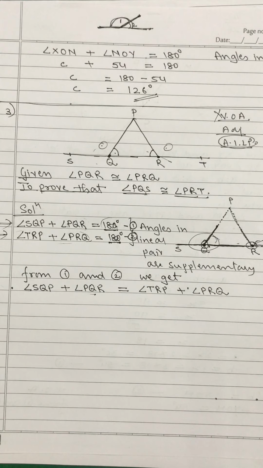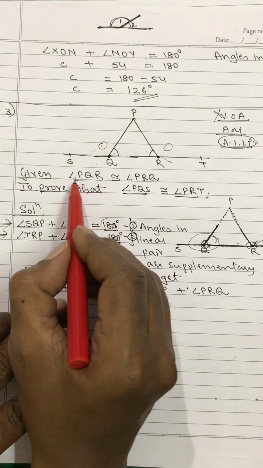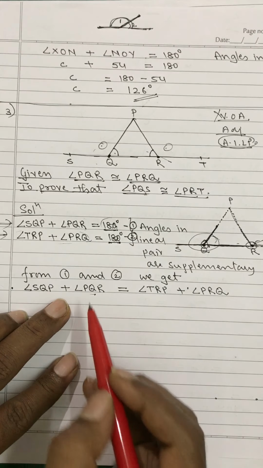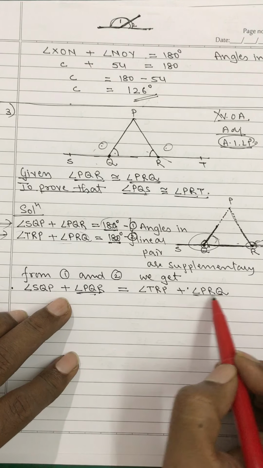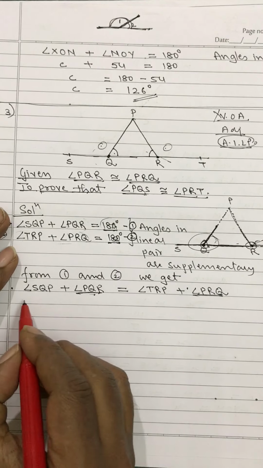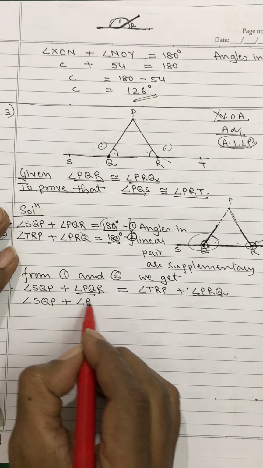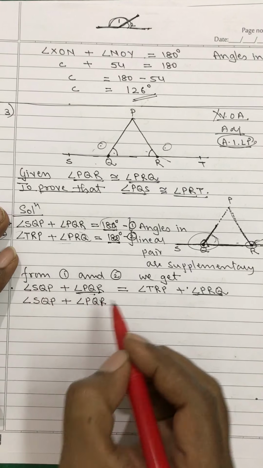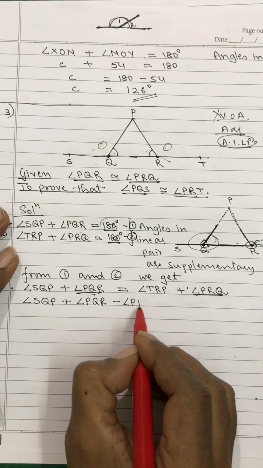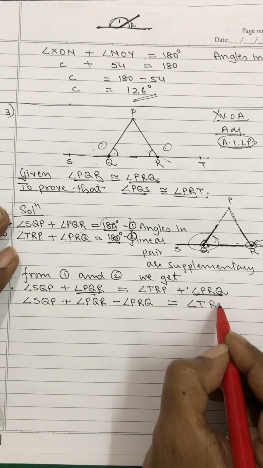And now I compare the two. See, now I have to be alert. They have given me PQR is equal to PRQ. They are equal. So if I take them over here, angle SQP plus angle PQR, I bring this over here, minus angle PRQ is equal to angle TRP.